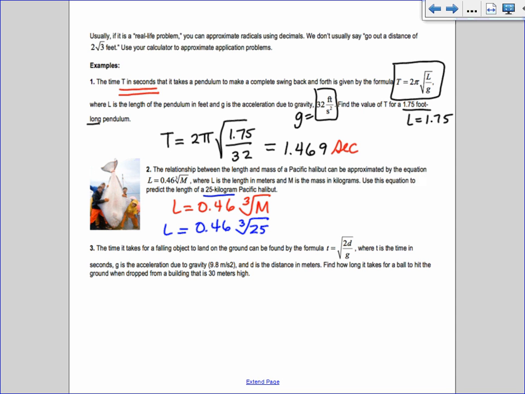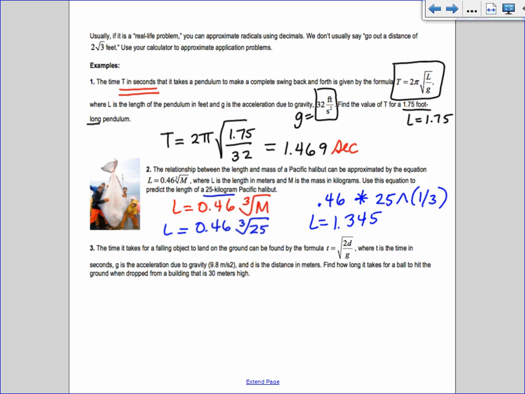If I was putting this all into my calculator at once, I would do 0.46 times 25 raised to the 1/3. If you put it in just like that, it will do the cube root of 25, and then multiply by 0.46. So I got 1.345, and this is L.